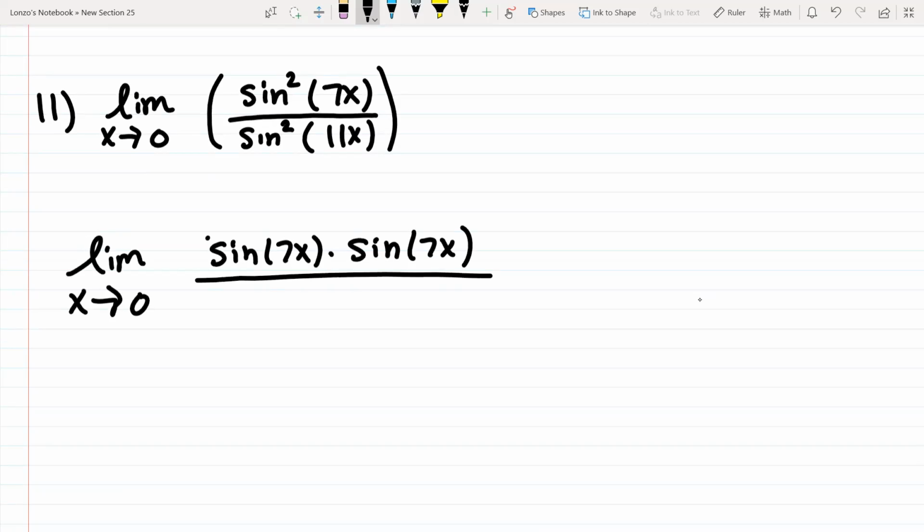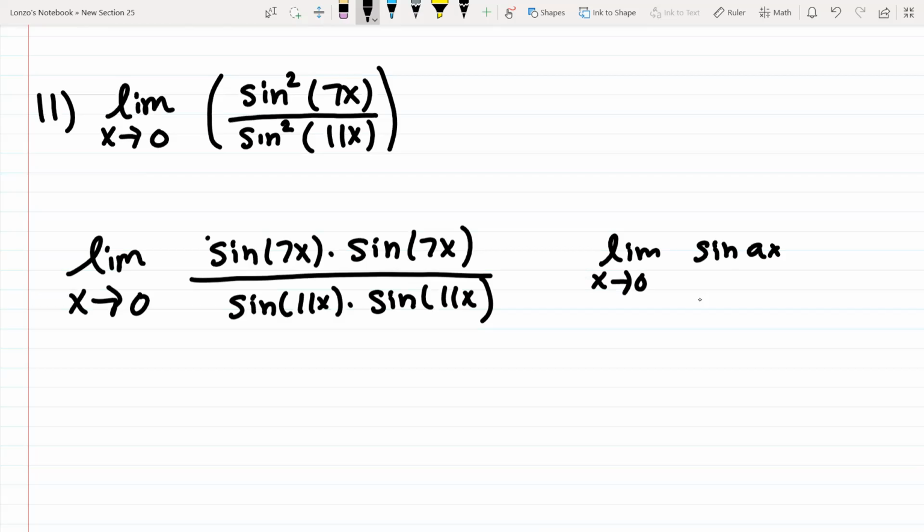And on the bottom, it can be written as sine of 11x times sine of 11x. So we're going to use the coefficient rule, the limit as x approaches 0 of sine of ax over sine of bx equals the coefficients.